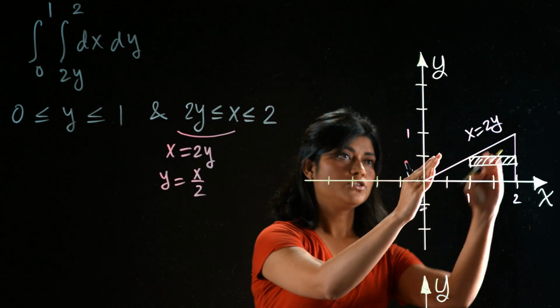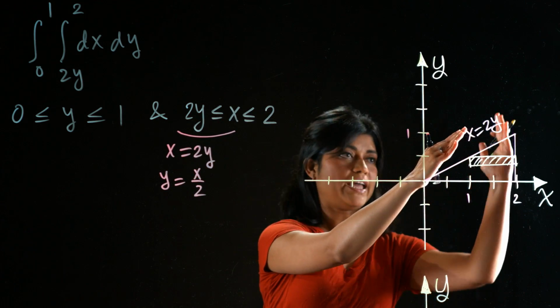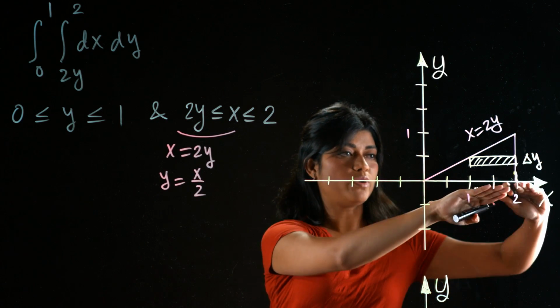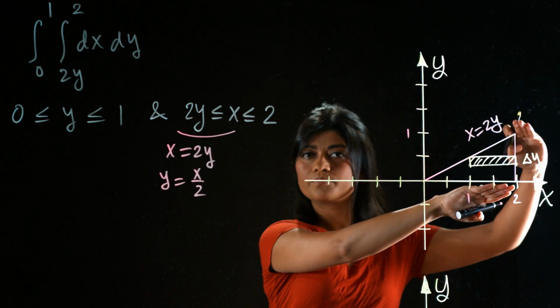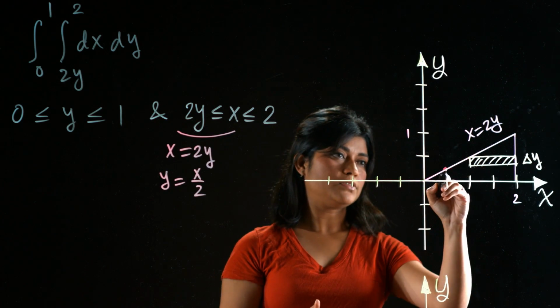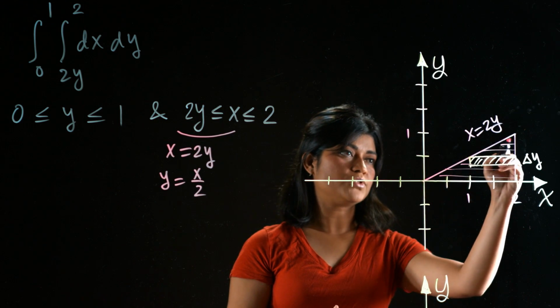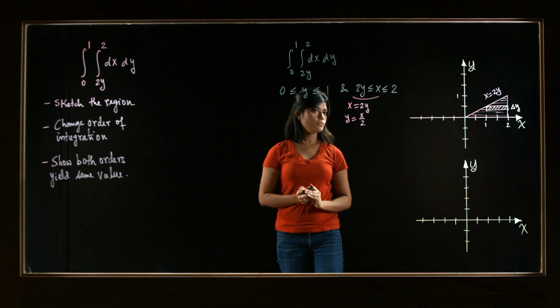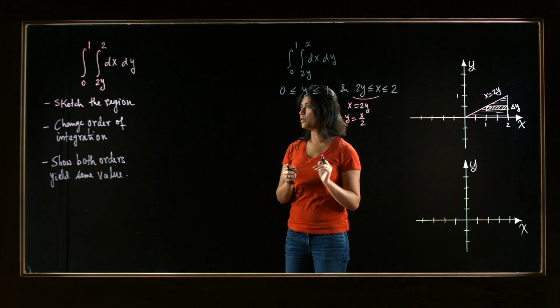X is between 2y, this graph, and 2, and y is between 0 and 1, with this being delta y. So our region is this region, whose area can be computed using this double integral. Okay, that's the first part of the problem.